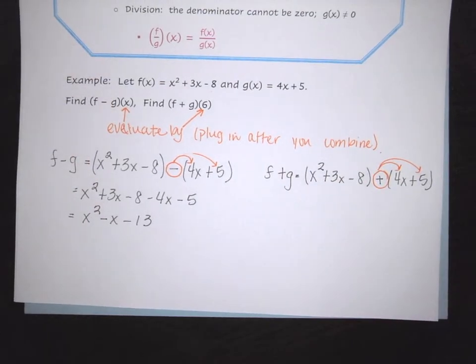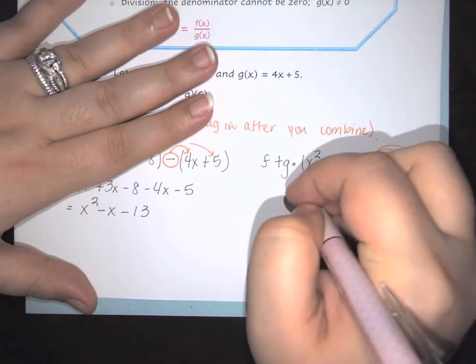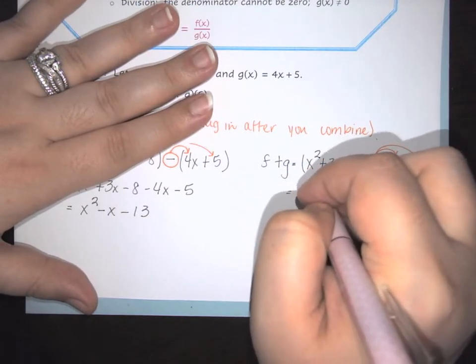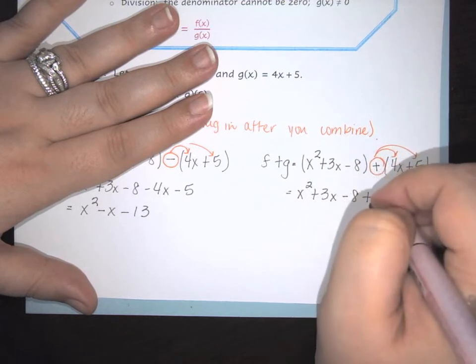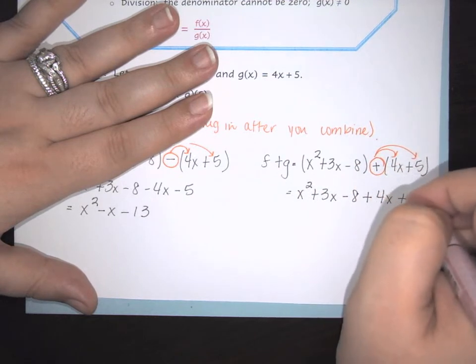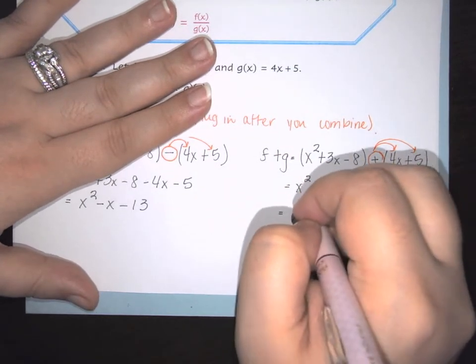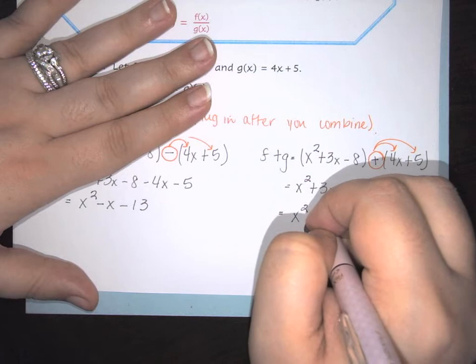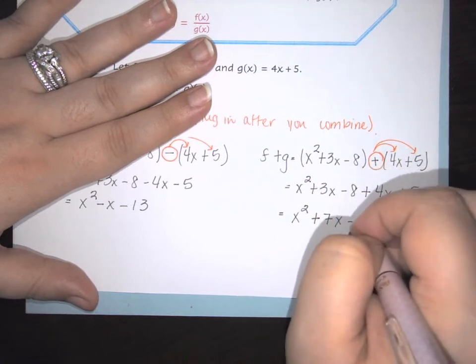The nice thing about addition is that nothing changes. So this essentially is going to be x squared plus 3x minus 8 plus 4x plus 5, which is going to combine together to give you x squared plus 7x minus 3.